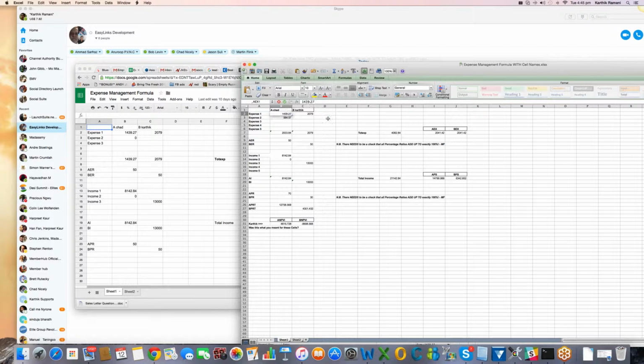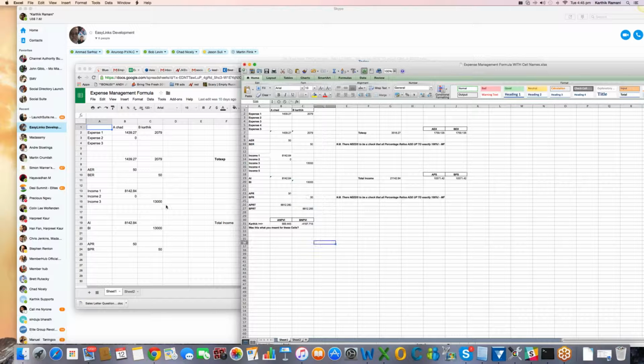131439.27 and 2079. Income would be: A's income is 8142, B's income is 13,000, and let's say we've started everything 50-50.